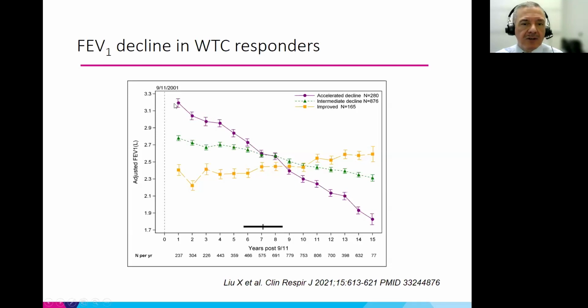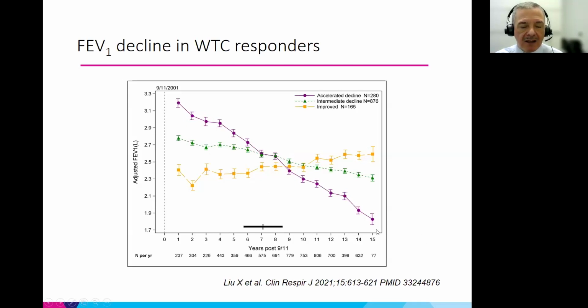So they include subgroups of individuals who are declining in a very steep manner. And we actually think that there is a subgroup that is improving, which is not normal in adults older than 30 years of age, probably as a resolution of an initial injury on 9/11.